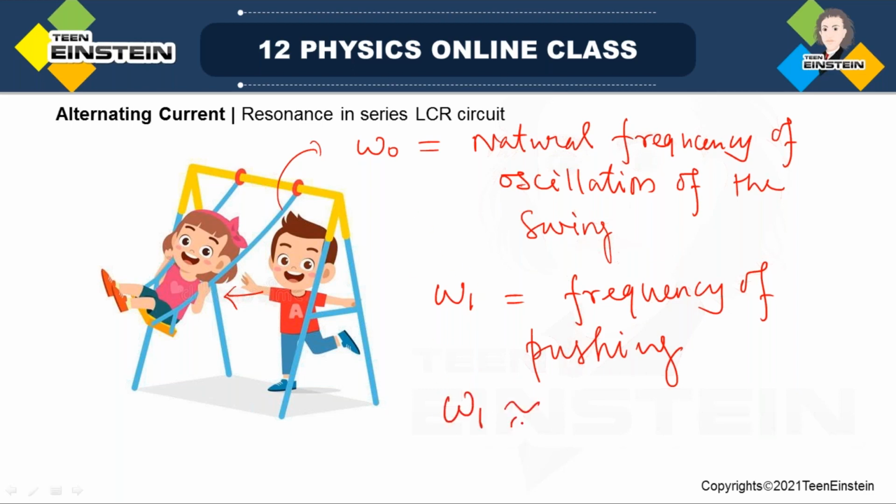Now when this frequency of pushing becomes nearly equal to omega 0, the natural frequency, then we have this experience. What happens if somebody pushes continuously to us while swinging in a swing? We go much higher, right?